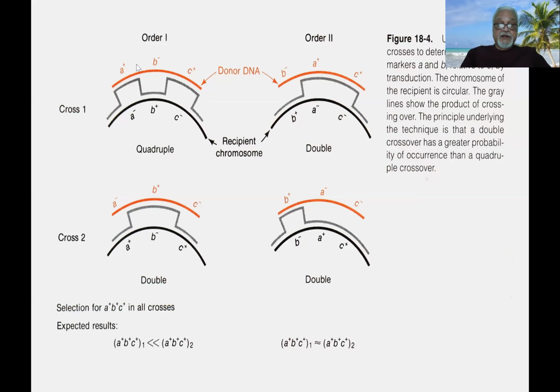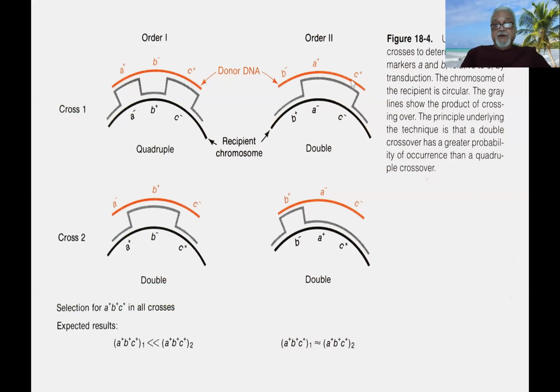If the order is A, B, C, then in this situation, this cross must undergo 4 crossovers to give you A plus, B plus, C plus. And in this case, just double crossover. And if the order we considered is BAC, and you are looking for A plus, B plus, C plus, then you can see just double crossover.